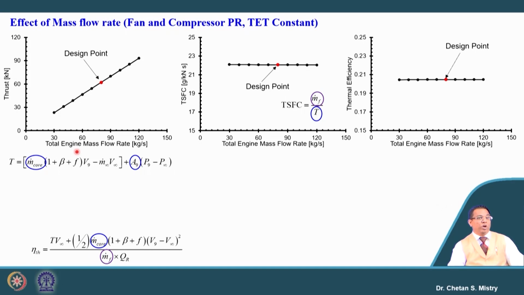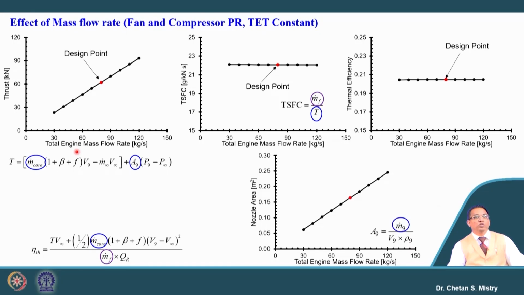But you can understand, in order to accommodate this increase of mass flow rate, we need to increase the size of our intake or the engine size. It will also lead to a change in my nozzle area. The exit area also will be increased with the increase of our total mass flow rate. So, this is giving some other indication.